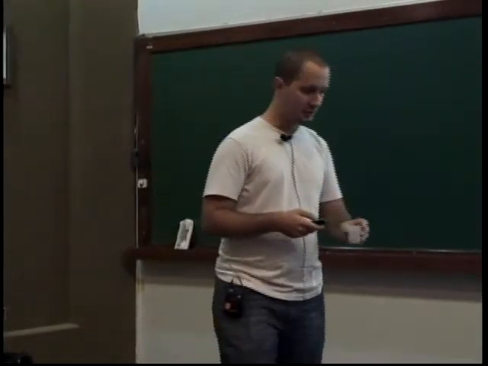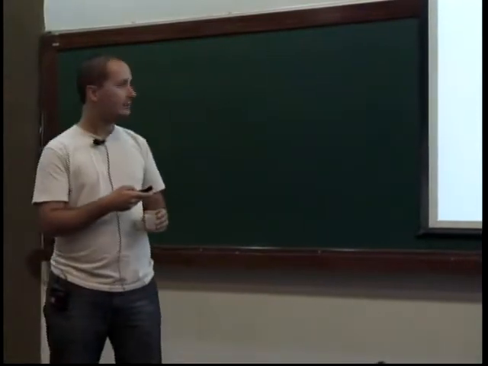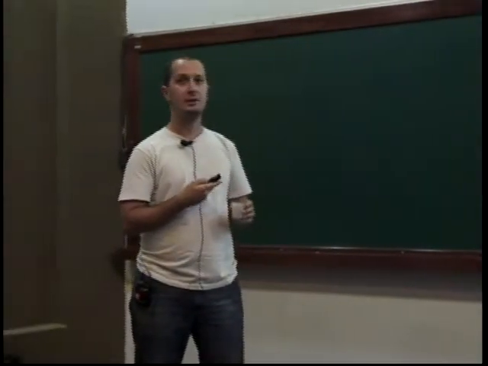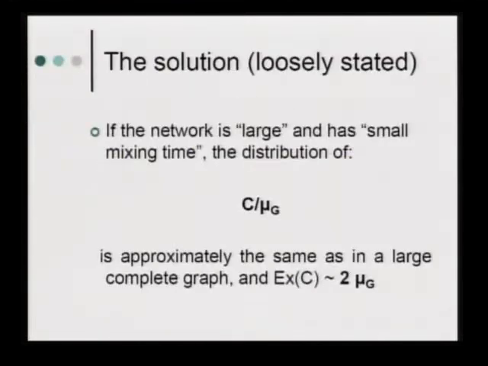So just to jump ahead to the solution, what's this going to look like? It's a very loose statement of the solution, so we're going to try to be more formal and more precise as we go on. The very informal statement is, if you have a large graph, I use the word network here just to try to be cool, but it's a graph.